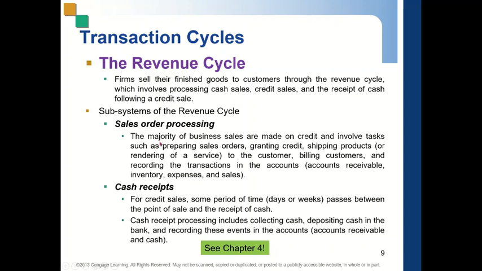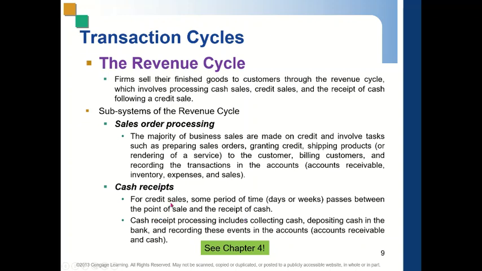So we need a sales order processing subsystem, but also we need later when people start paying, we will be receiving cash, so we need a subsystem that will deal with that.